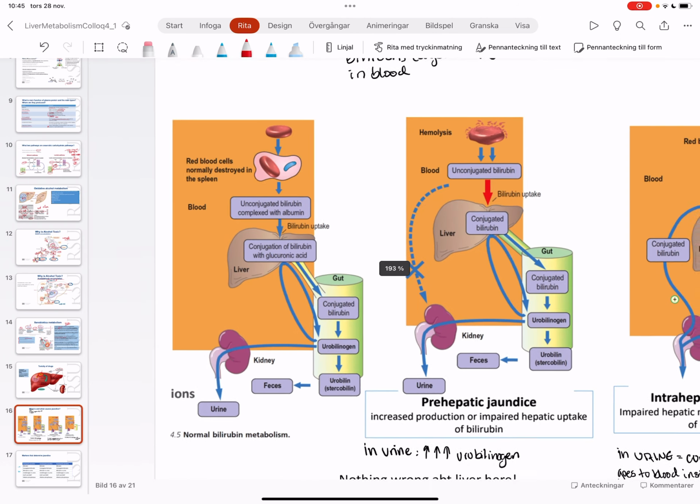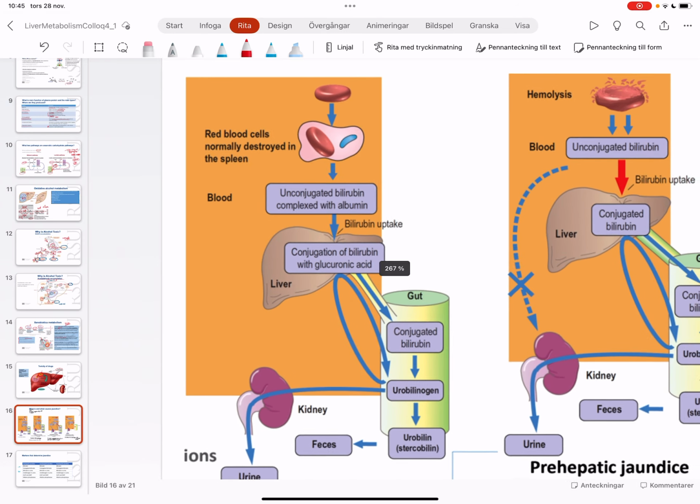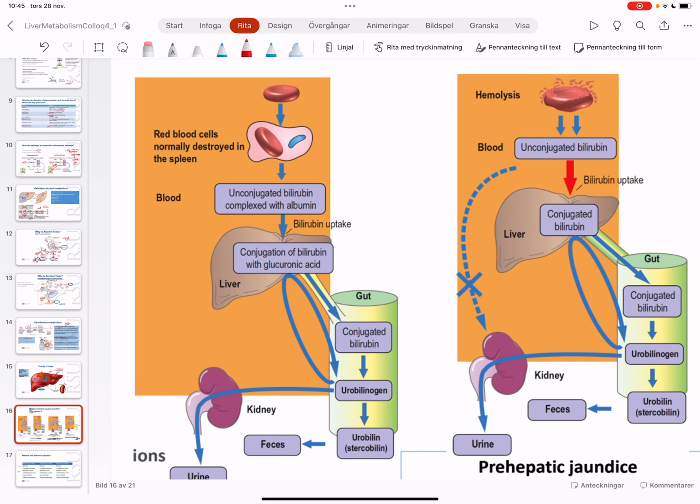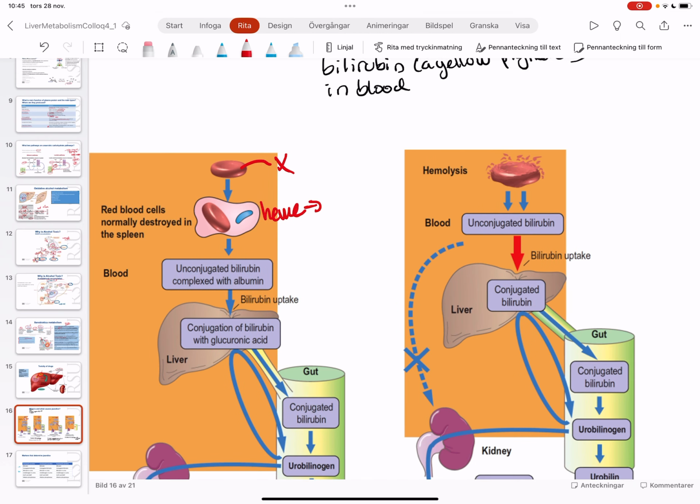So in normal cases, let's say this blood cell dies. And as it dies, it will release heme, right? And heme will then be converted to biliverdin, and then it will be converted to bilirubin.